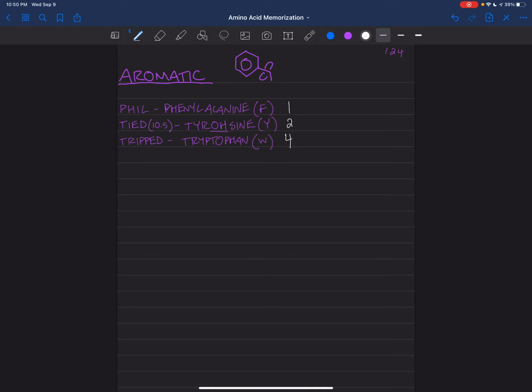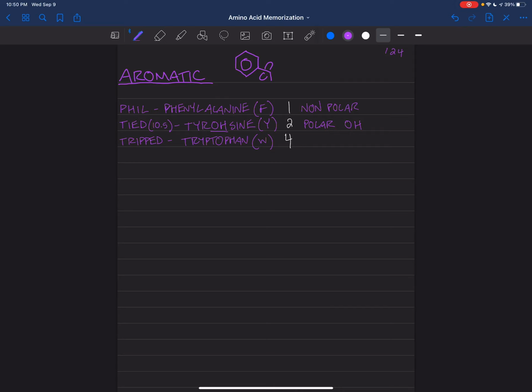Phenylalanine is going to have some nonpolar characteristics because of the hydrocarbon that is in it. And tyrosine is going to have polar characteristics because of the hydroxyl group that is in that. Okay. Really, the name of the game of the aromatics is, of course, that carbon chain, that carbon ring. Okay.